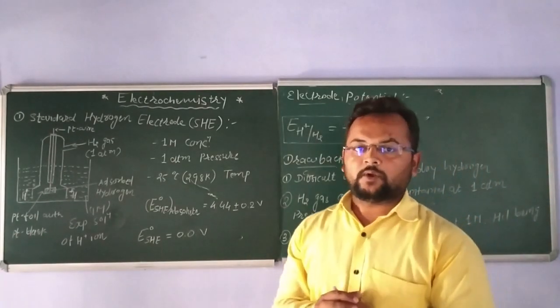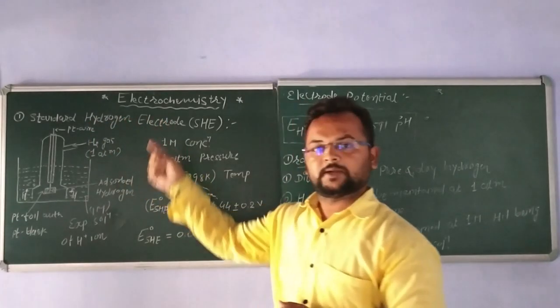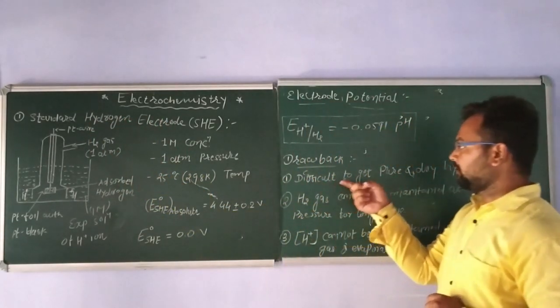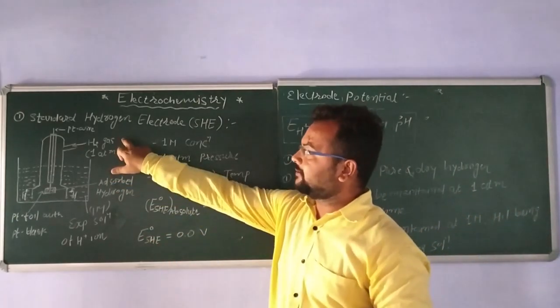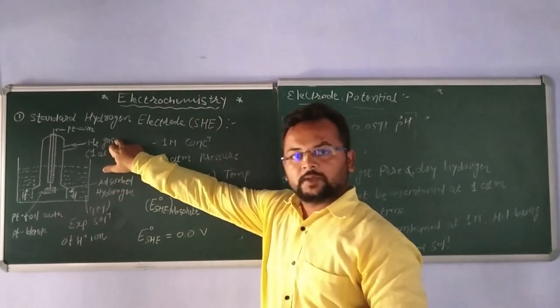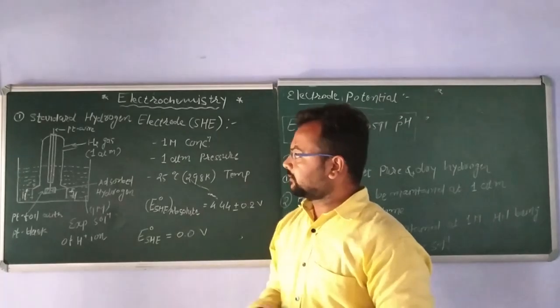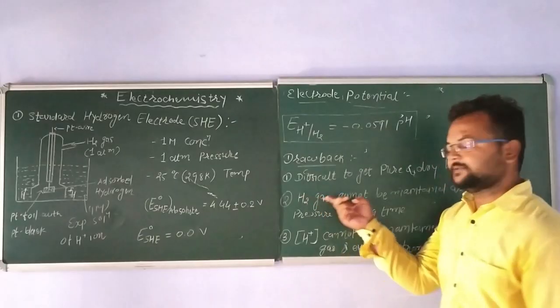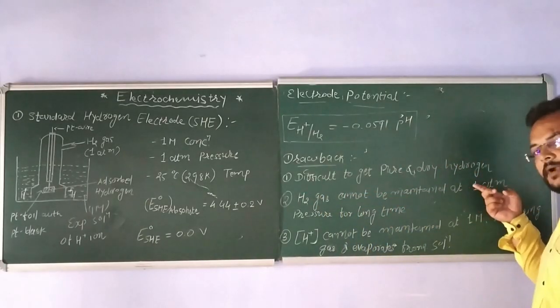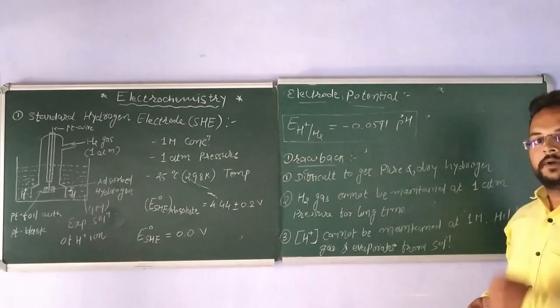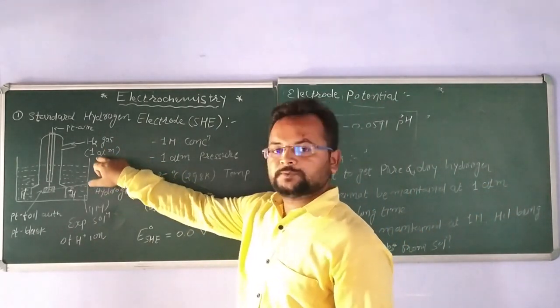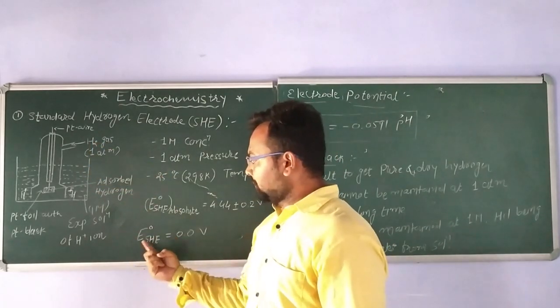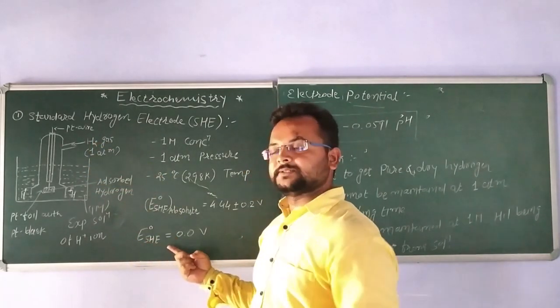There are some drawbacks of the standard hydrogen electrode. The first is that it is difficult to get pure and dry hydrogen; sometimes hydrogen contains impurity and moisture. The second drawback is that hydrogen gas cannot be maintained at 1 atmospheric pressure for a long time, and if it is not maintained, the EMF of the cell will be disturbed.